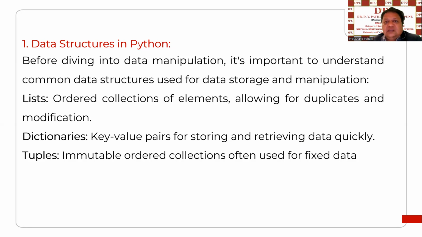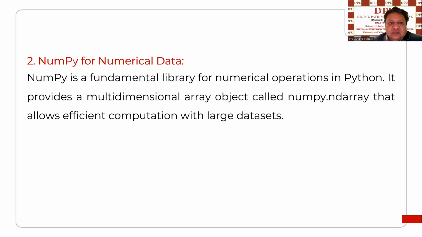A list can be edited, but tuples cannot be edited. Once you insert the items inside a tuple, you cannot modify them. Why? Because tuples are immutable, lists are mutable. So it is an immutable ordered collection often used for fixed data. Once you enter the data, you cannot change it later on.